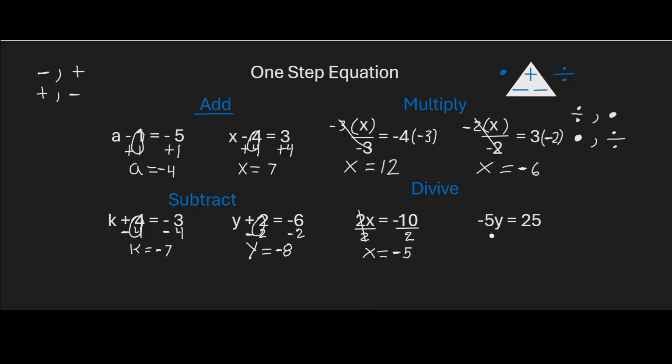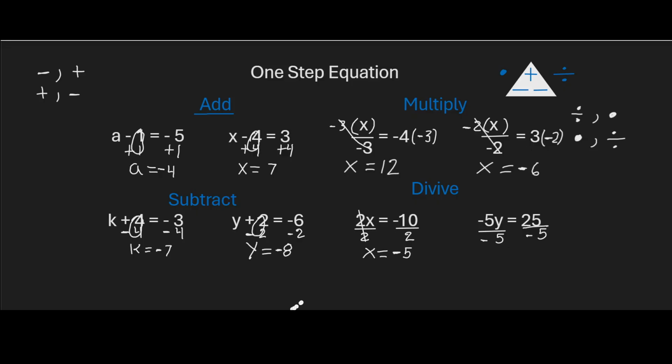Now, on the next one, negative 5 is multiplying y. The opposite of multiplying is going to be dividing. So what I'm going to do is make this line. In that way, that means that I'm dividing by negative 5. Divide by negative 5.